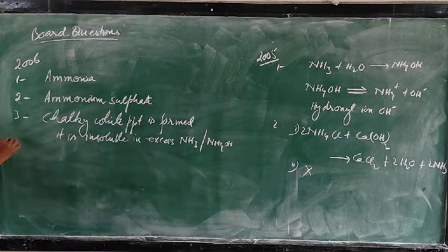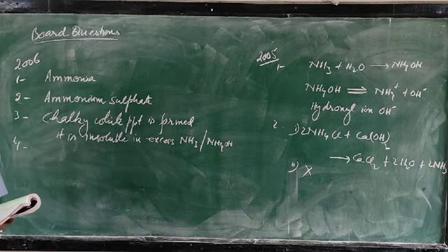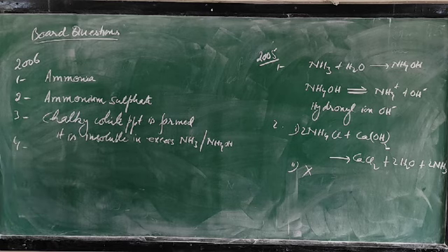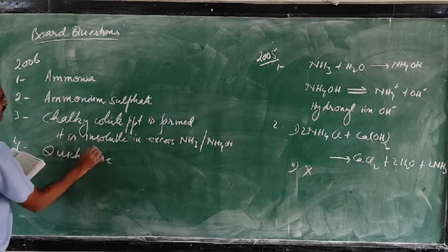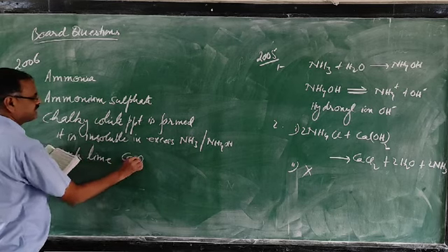Then fourth one, 2006. Name the substance used for drying ammonia. Very important question. Quicklime. This is calcium oxide.